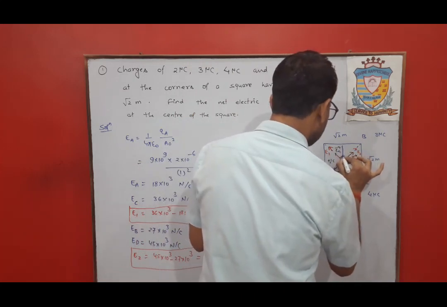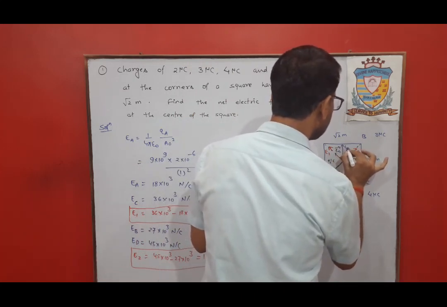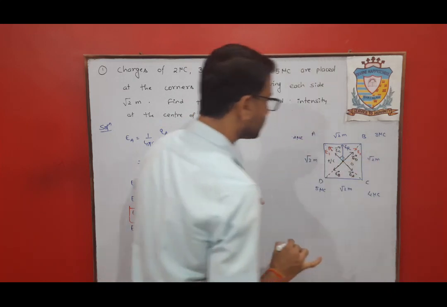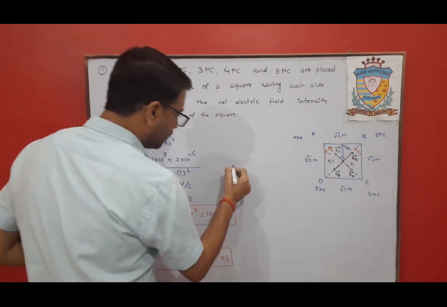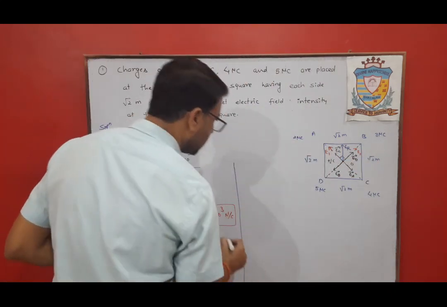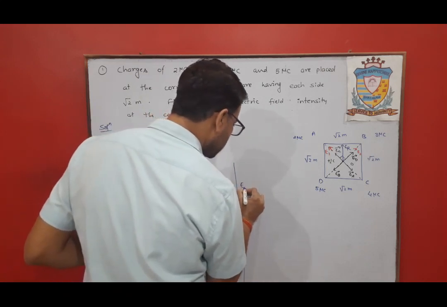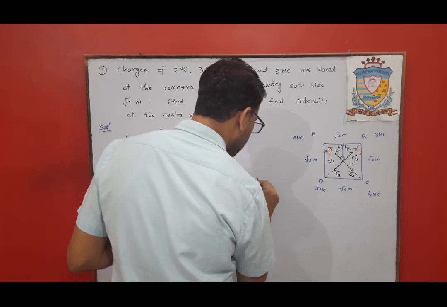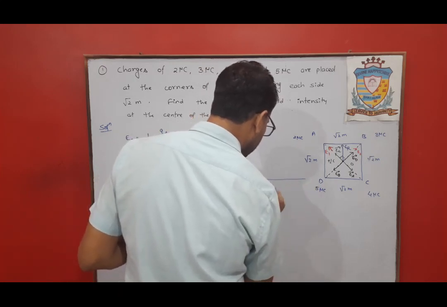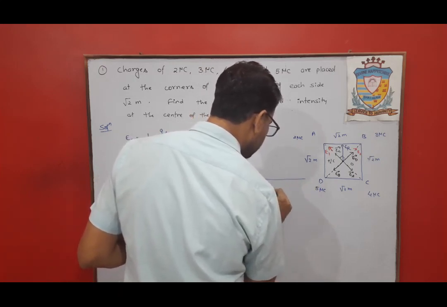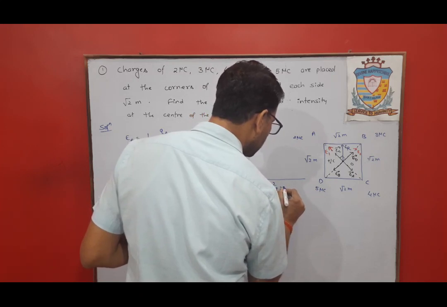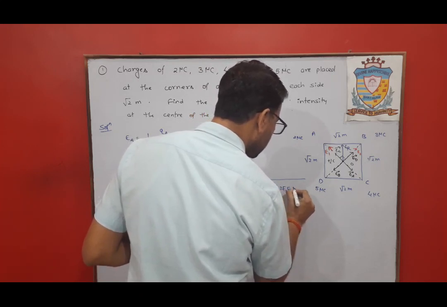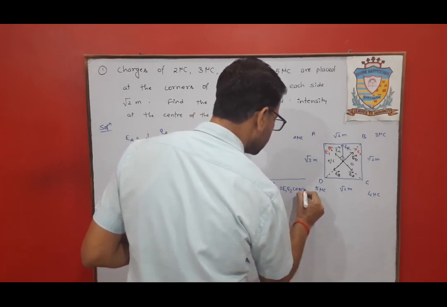So this will be the direction of the resultant ER. The resultant intensity ER is equal to the square root of E1 squared plus E2 squared plus 2 E1 E2 cos theta.